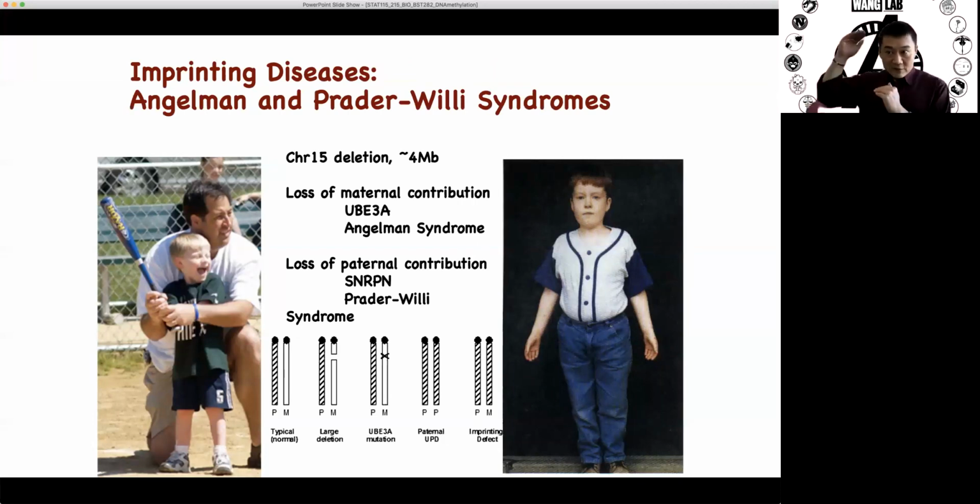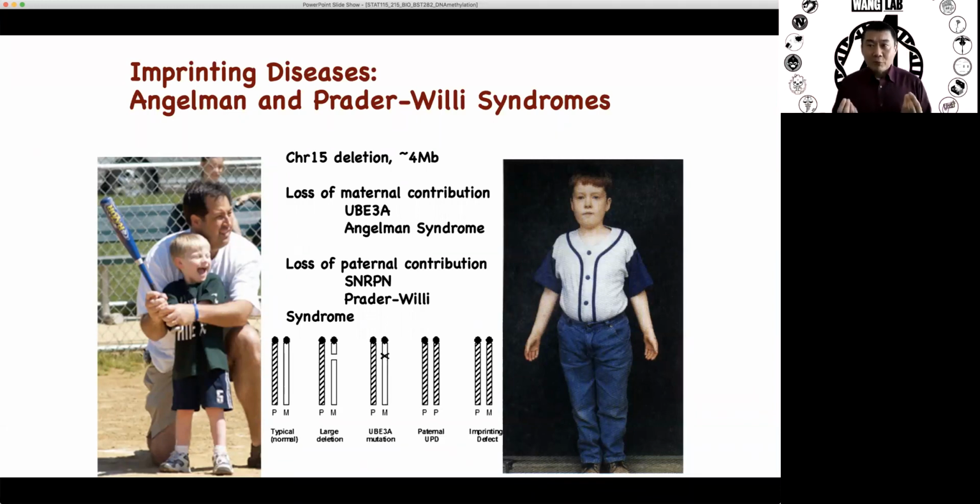Turns out, within this 4 megabase region on chromosome 15, there are two imprinted genes, right? One is maternally imprinted, and the other is paternally imprinted, right? So depending on whether the deletion happens on the paternal or maternal chromosome, you're losing different genes, right?